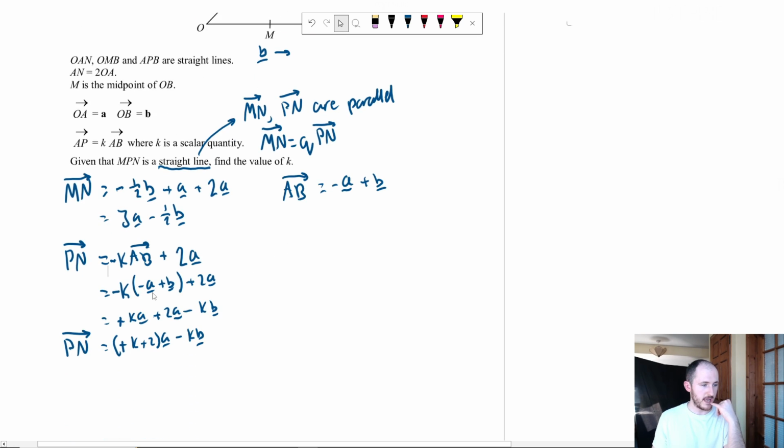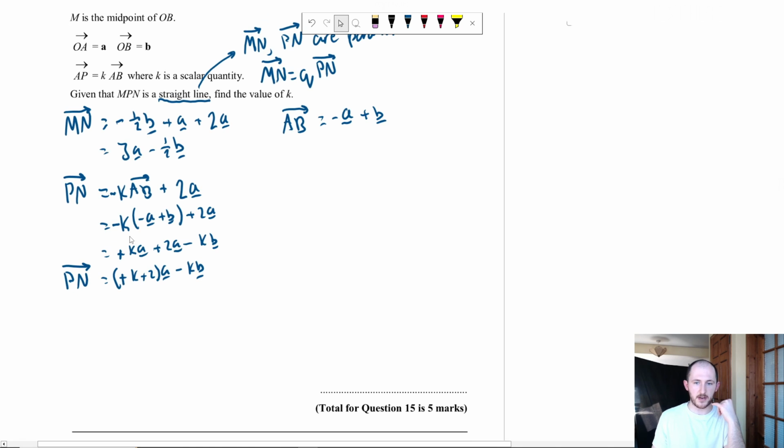Can't we find MP then factorize out the A and B? Understand? Cool. How did you factorize the second to last line? So how did I factorize this? Good question. I can factorize this by factorizing out an a, and I would get k plus 2. With vectors, we tend to put the bracket first, however. That's the only difference I've done.